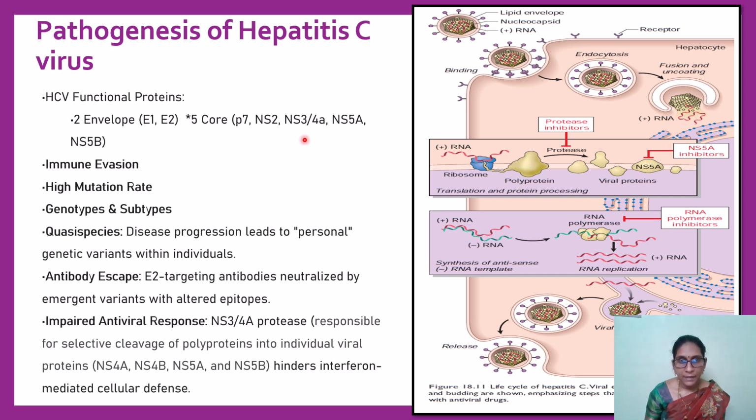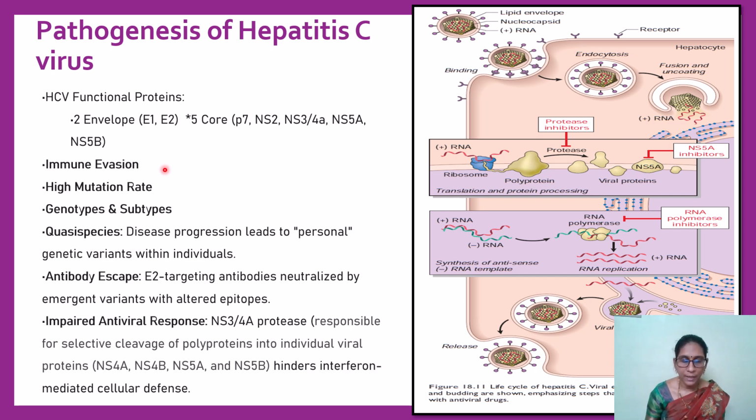The hepatitis C virus can cause chronic liver disease because of its functional proteins, that is 2 envelope proteins and 5 core proteins, and also it is capable of evading the immune system with the help of these structural functional proteins. It has a high mutation rate.